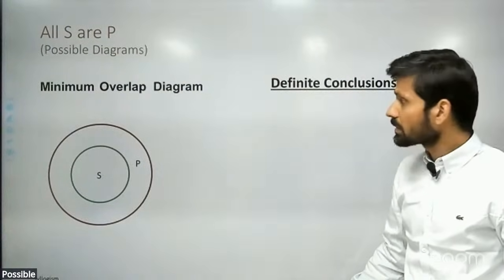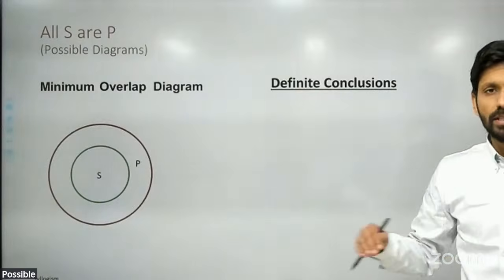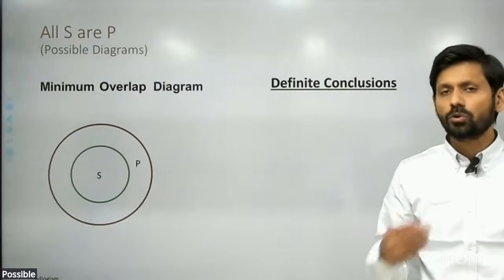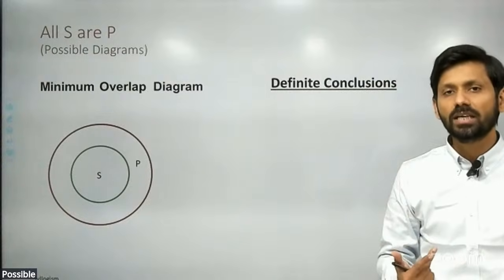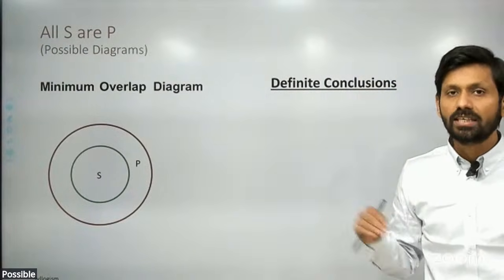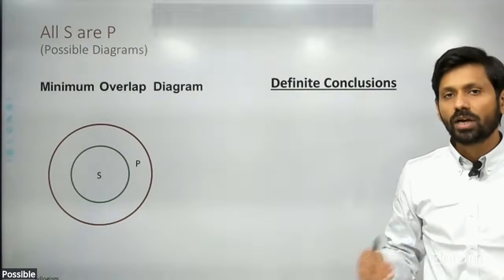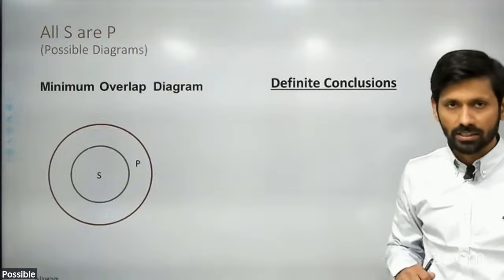Moving on, we will look very quickly at all the diagrams for these 4 statements: all S are P, some S are P, no S are P, and some S are not P. We will look at each of these statements individually, and we will look at the possible diagrams for all of them, starting with all S are P.